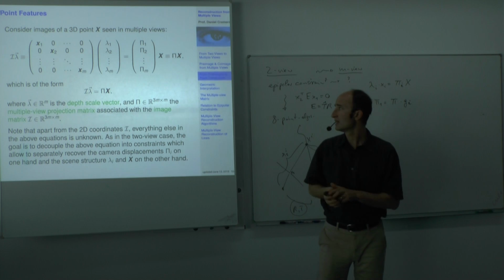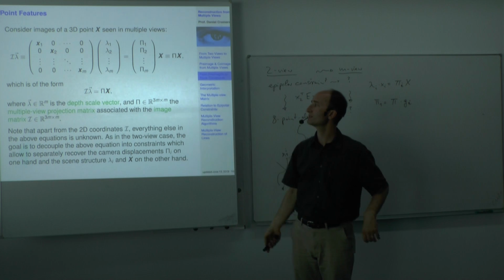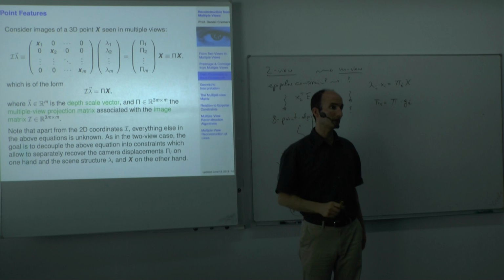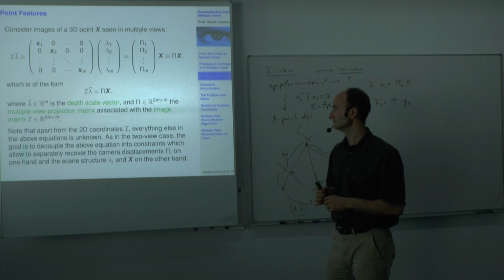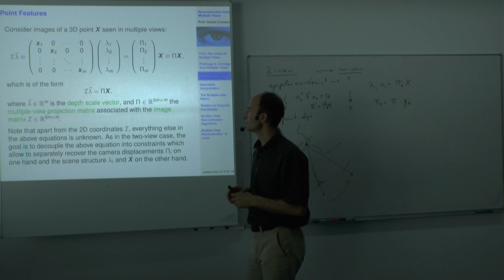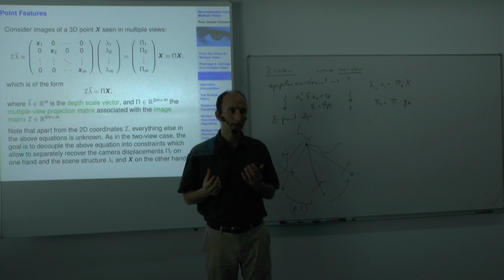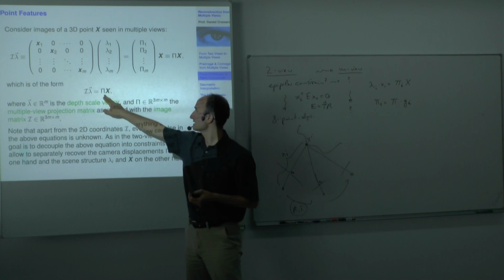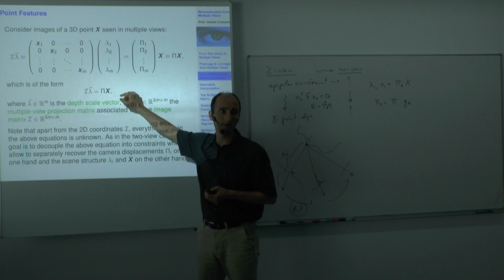It tells us whatever the depth values, 3D points and projection matrices are, they have to fulfill this equation. And remember, in the two-view case, we were able to decouple the estimation of the camera motion, which is in the matrix pi, from the structure estimation.